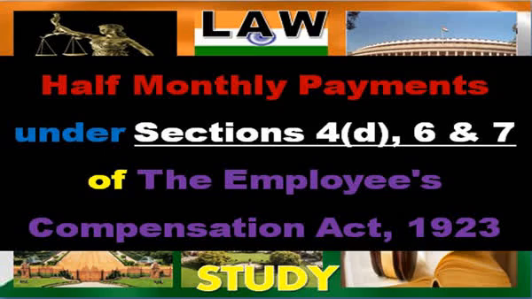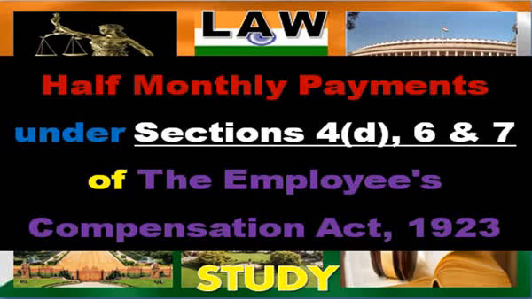Subject to provisions of this Act, the amount of compensation shall be as follows, namely, Clause A, where death resulting from the injury, an amount equal to 50% of the monthly wages of the deceased employee multiplied by the relevant factor, or an amount of 1,20,000 rupees, whichever is more.